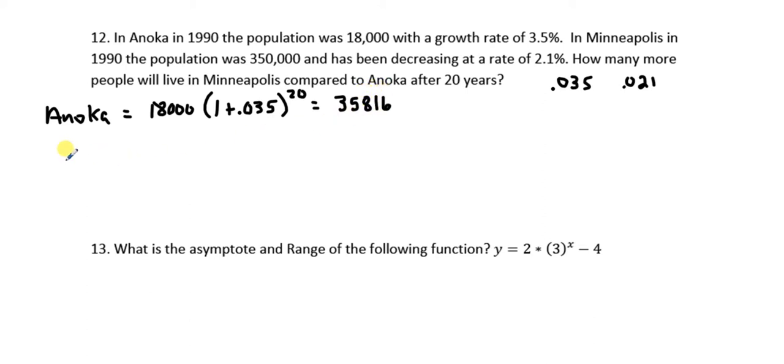And in Minneapolis, the population's declining because they're moving to places like Anoka. And the population is 350,000. I think on my answer key I put 35,000. It's 350,000.